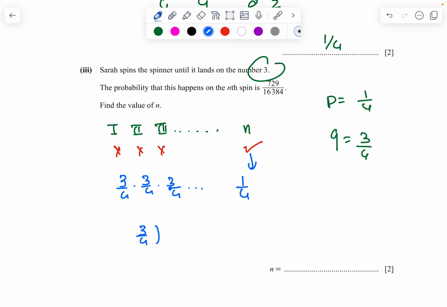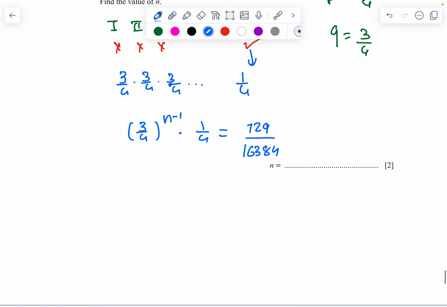So 3 upon 4 to the power of n minus 1 times 1 upon 4 equals 729 by 16384. So we can see that 3 to the power of n minus 1 equals 729.